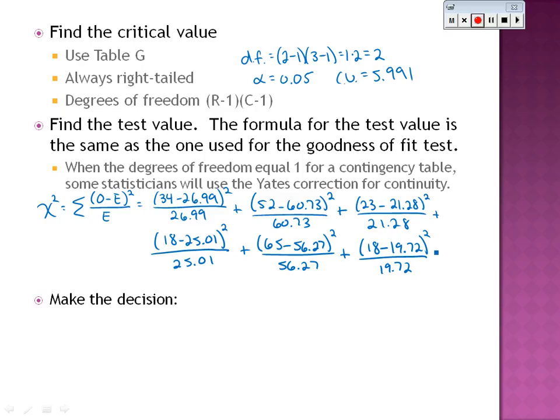If you do that, you end up with approximately 6.683-ish, somewhere around there. And again, I go out to the thousandths decimal place because that's what my critical value goes to. So this is an option for you. I do want to show you, however, how to use a calculator to do these.